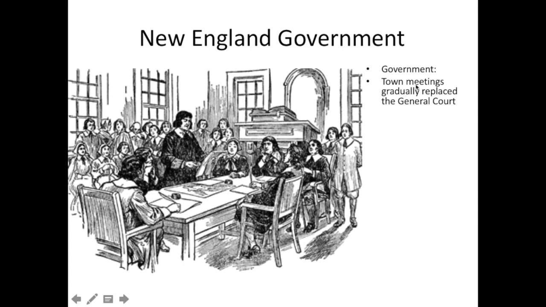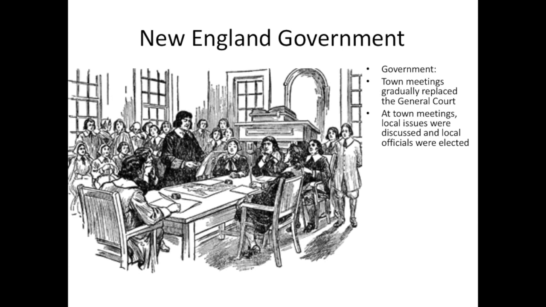So, in a town meeting, basically, the leading members of the town are going to get together and they're going to discuss every kind of issue under the sun dealing with their town. It could be minor issues, it could be major issues, but what they would do is they would discuss the major issues of the town. And again, if you were going to be a local official, you basically had to be in good standing with the church. Oftentimes, you had to be a church member.